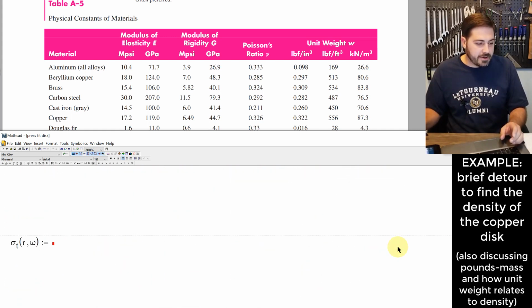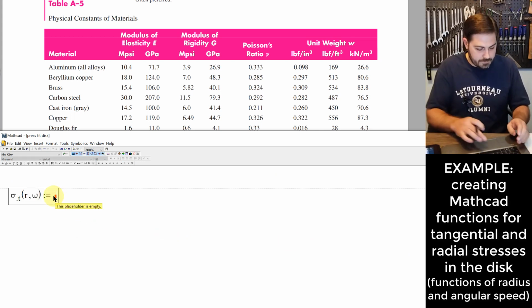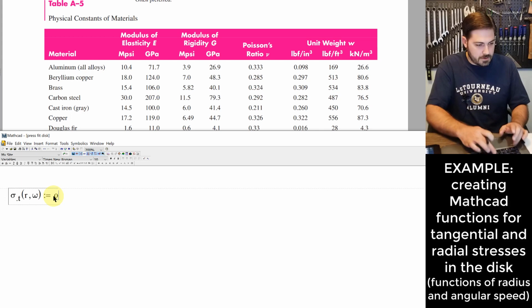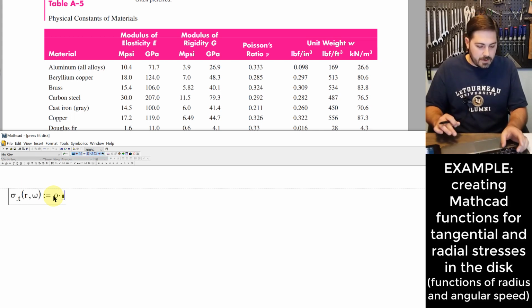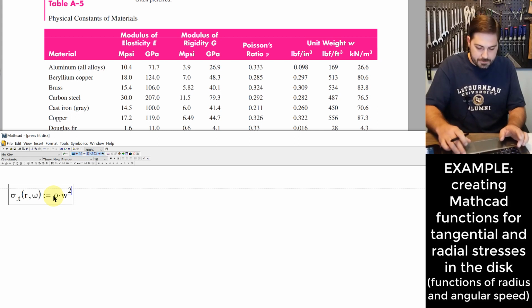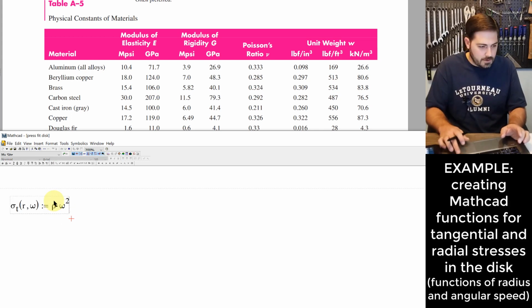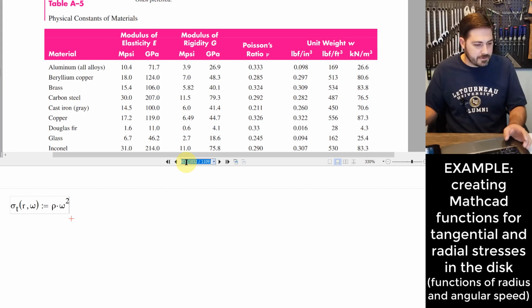So I can go down here again and just put in rho. Okay, like this. Here I'll just put in an omega squared. Whoops. I need to turn that into omega. I guess I should go back to my equation that I was about to use here. All right.